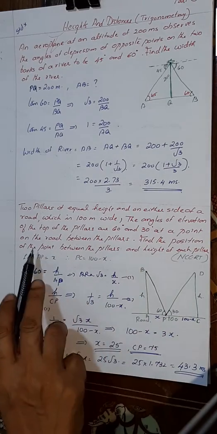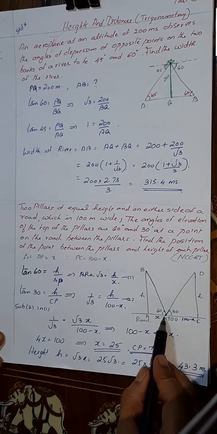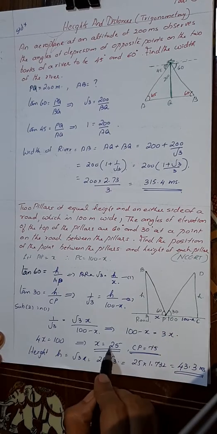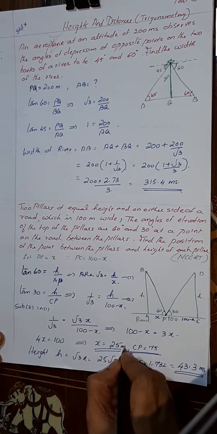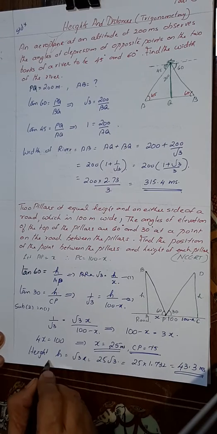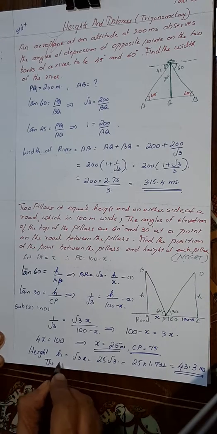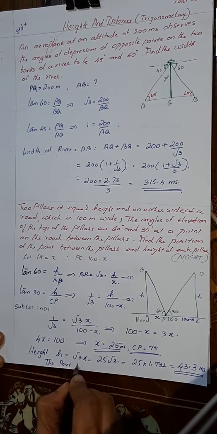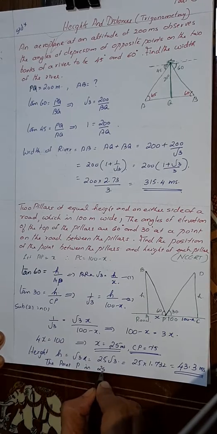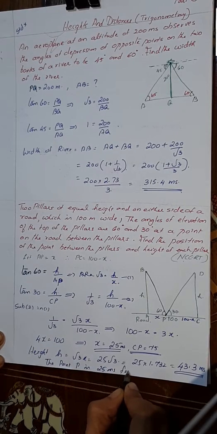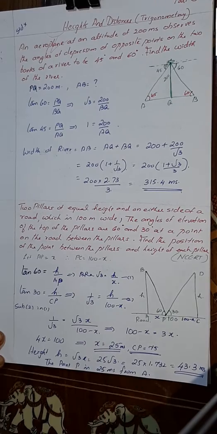So the position of the point between the pillars, that is the point P, is 25 meters from A.